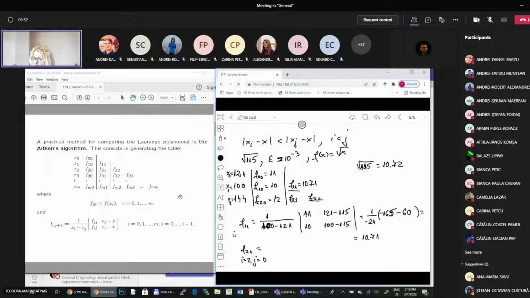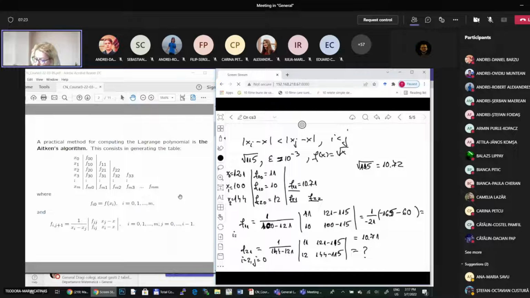Here we have, please tell me the values. 1 over 144 minus 121. Okay. And the determinant, times 11, 121 minus 115. And the second line is 12 and 144 minus 115.